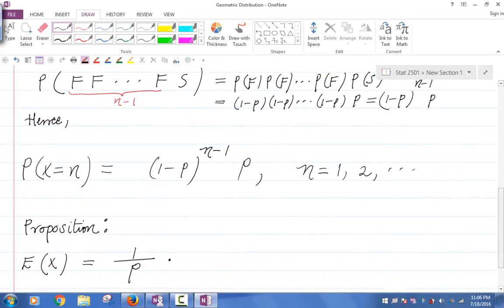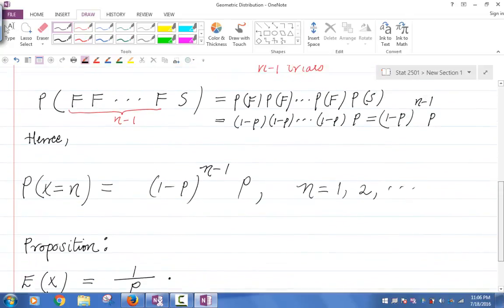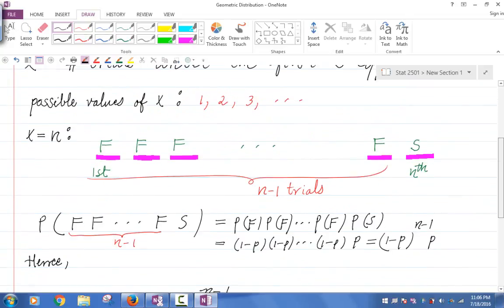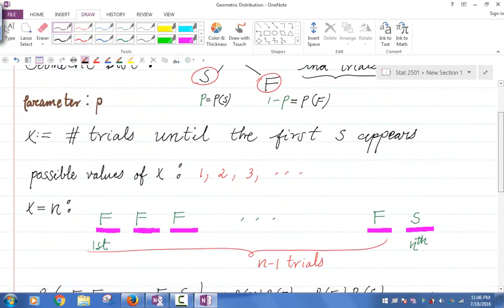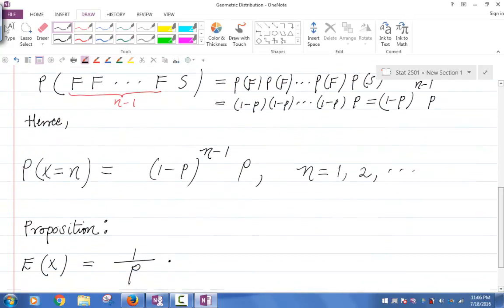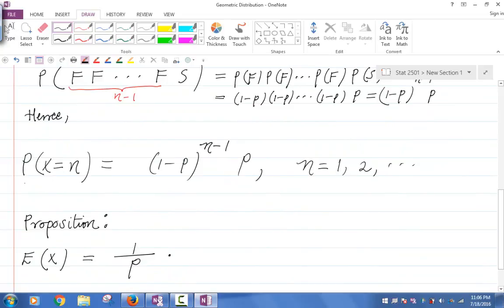So this is the PMF of the geometric. X here is said to have a geometric distribution with parameter p, and this is the PMF.